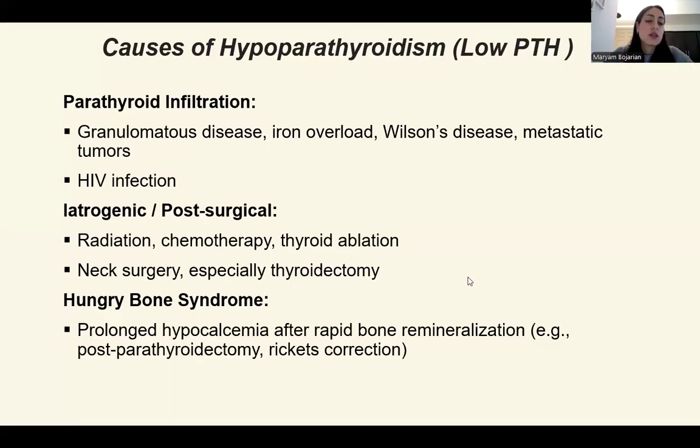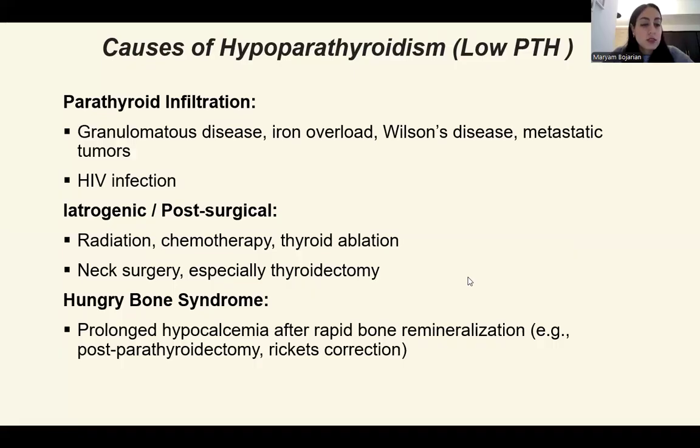If someone goes for any kind of neck surgery, especially thyroidectomy, unfortunately, sometimes we do see hypoparathyroidism after that. And any kind of radiation, chemotherapy, or thyroid ablation as a side effect can cause hypoparathyroidism.